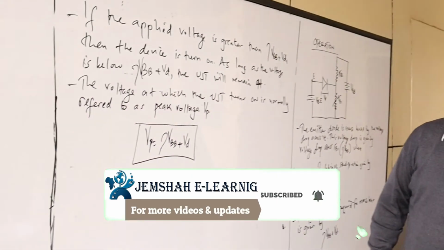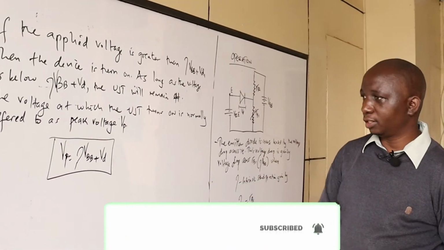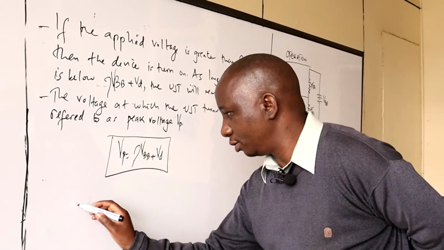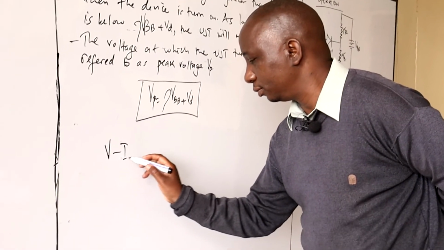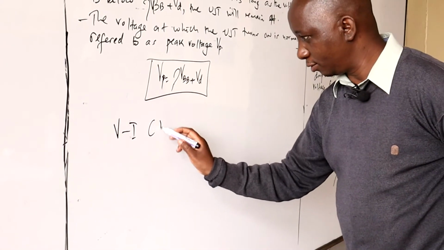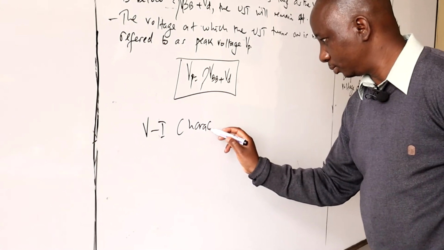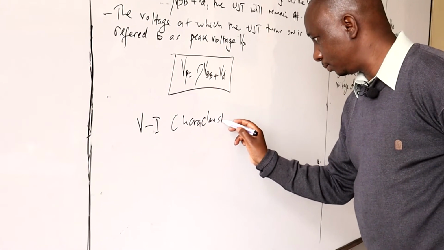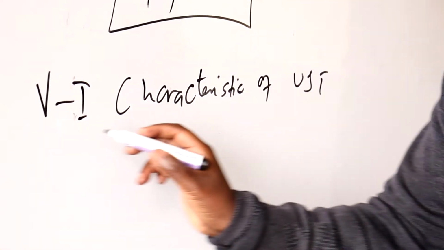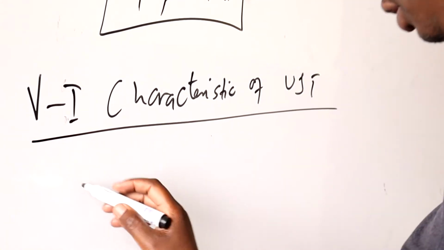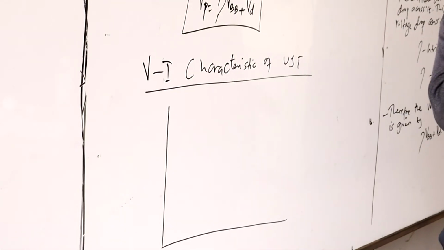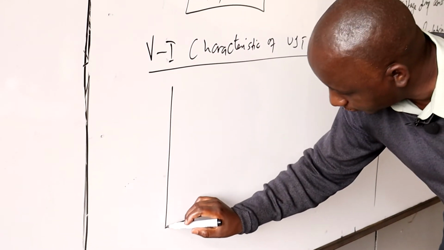So we are going to talk about the UJT characteristics. VI means voltage current characteristics of the UJT. So we elaborate this using a diagram. Then we shall be able to have the diagram.